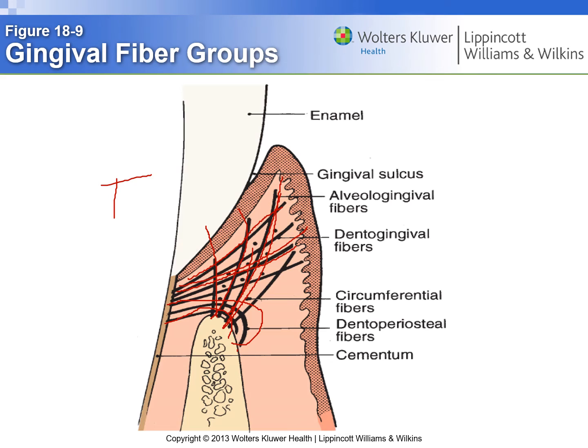So all these are compromising what's above the root. These dentino-periosteal fibers are a little bit of the exception because they are going partly into the root.